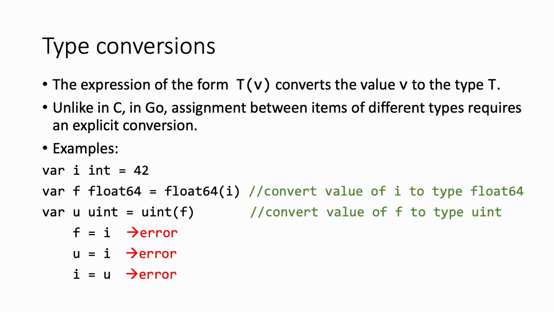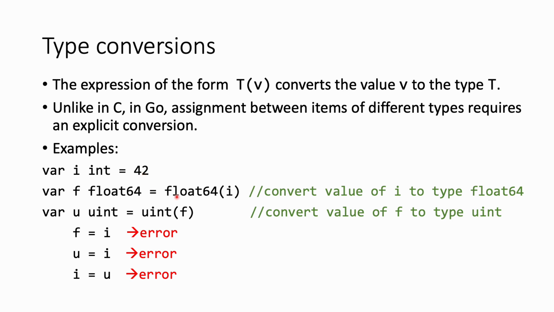Like in other languages such as C and Java, you can convert the value of one type to another type in some cases. In Go, you can use the expression of the form T(v) to convert the value v into the type T. For example, here you can declare a variable named i of type int and initialize it to the int value 42.